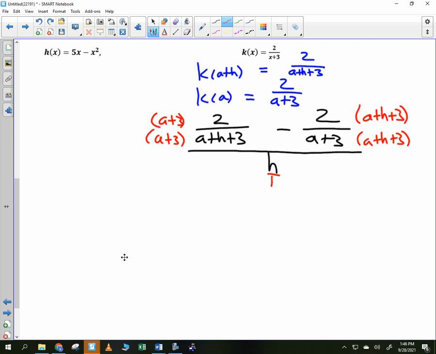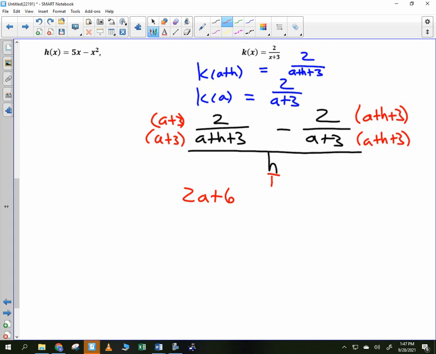Okay. We're going to make this nice and easy. We're not going to make it complicated. And what I mean is, we're going to multiply the numerators, but we're not going to worry about the denominators. We'll just leave them in factored form. So what is 2 times a plus 3? Now, what should I distribute through here?